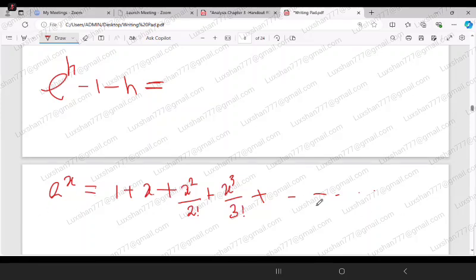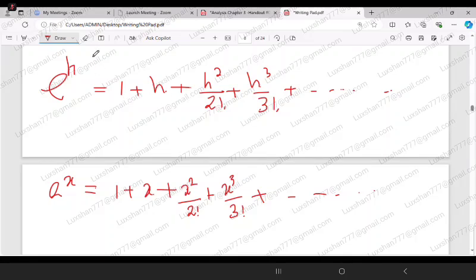It's an infinite series. Let me consider this one first, e to the power h. So e to the power h is equal to 1 plus h plus h squared over 2 factorial plus h cube over 3 factorial.